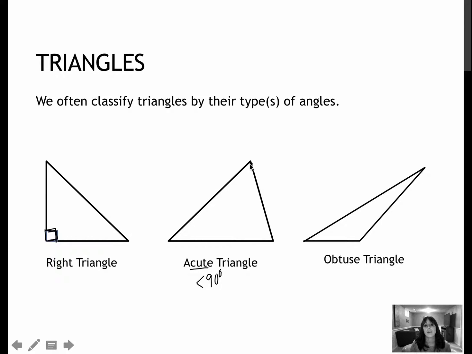So all of these angles are less than 90. And an obtuse triangle has one angle that is greater than 90 degrees. So we have one that's exactly 90 degrees, we have all are less than 90, or we have one that's over 90 degrees. So this one obviously is greater than 90 because 90 would be here, and obviously it's bigger than that. So that's an obtuse triangle.